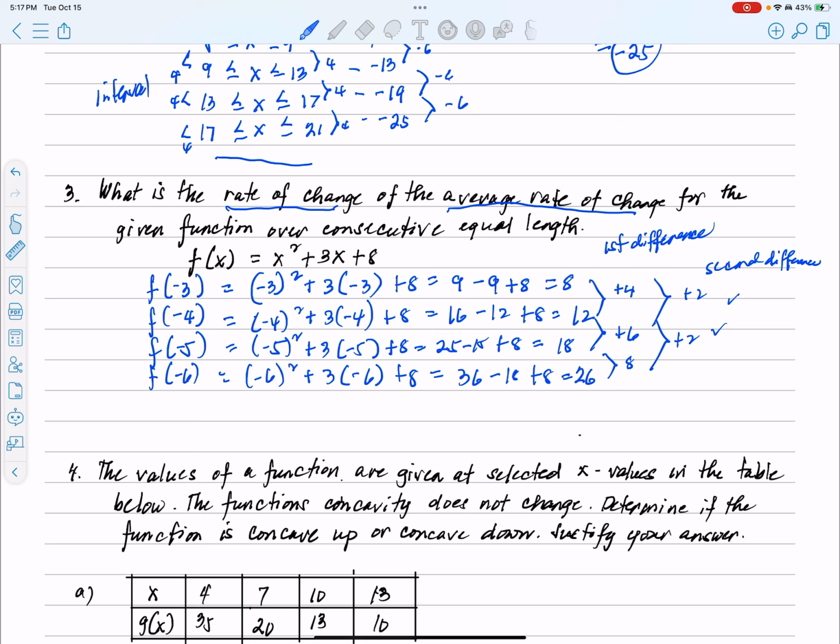So we could say that the rate of change is changing by how much? Changing by 2. Okay? It's changing by 2. Be sure, if you are given something like this, you have to get the first difference, then the second difference.